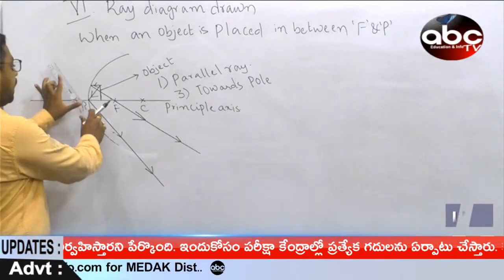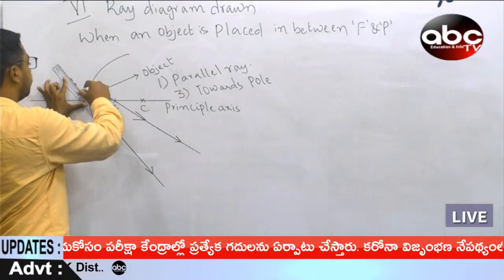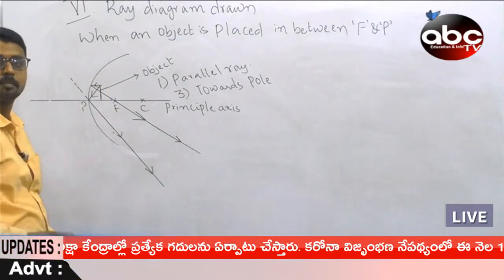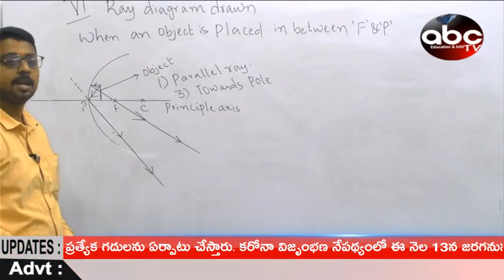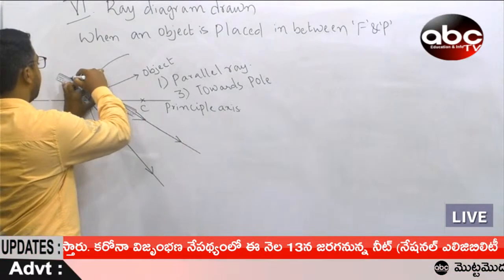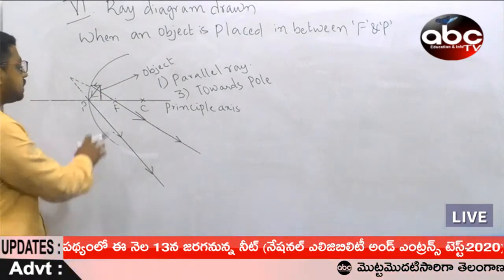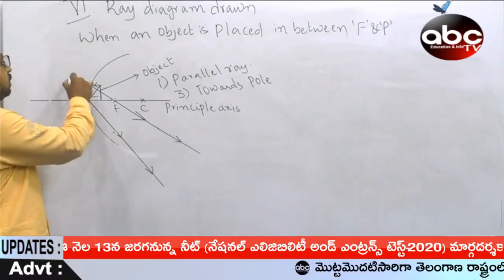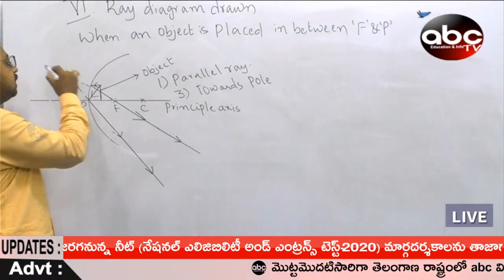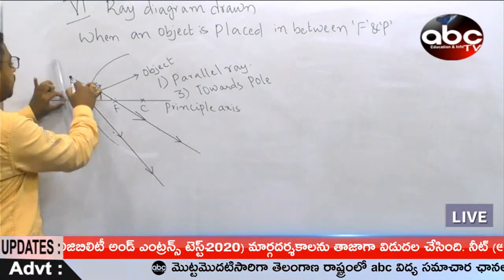We extend it beyond, to get the image. If we extend like this, they meet at this point, and here an image results.